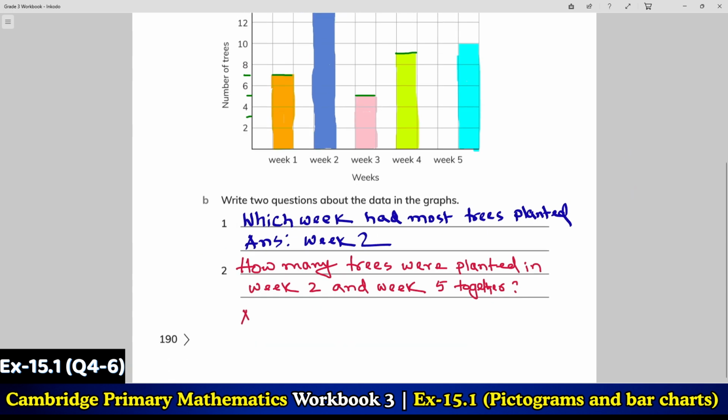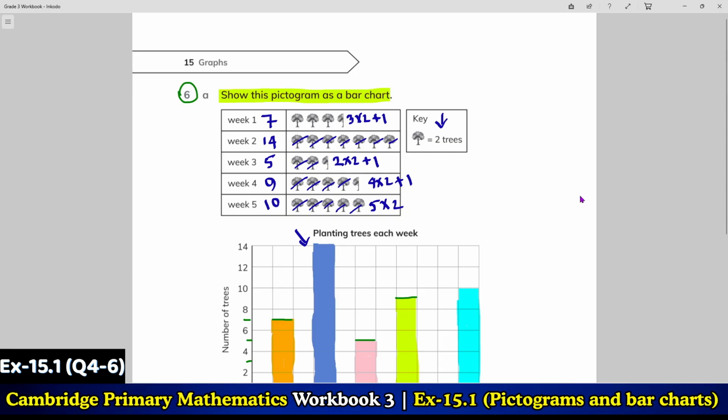So the answer will be what? Week 2 has 14, right? 14, and week 5 it's 10. Total 24. Very simple. So question 6 done.